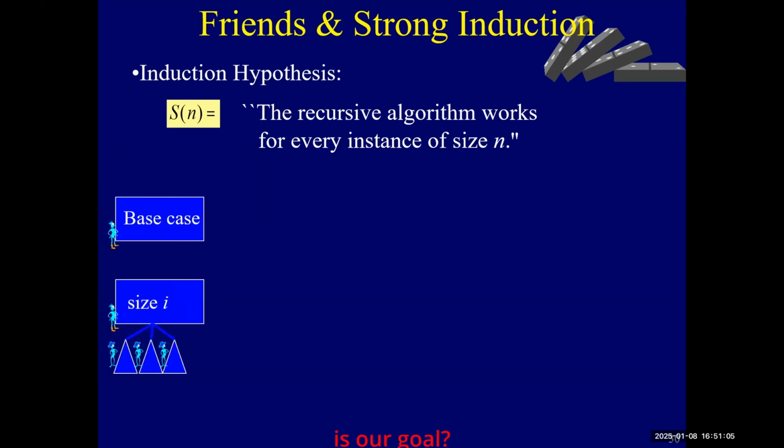In fact, what is our goal? Our goal is to prove that for all n, S of n is true, right? If we prove for all n, S of n is true, then we prove that for all inputs of all sizes, our program gives you the right output, right? So as soon as you want to say we're proving for all n, it screams for induction, right?